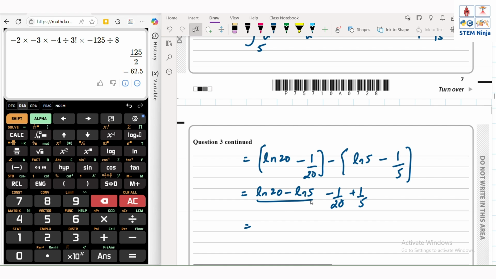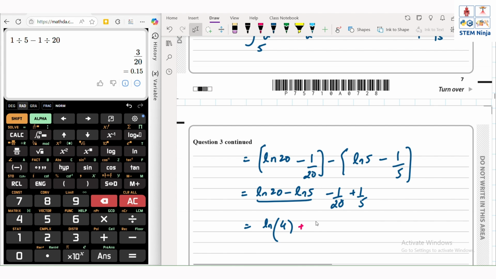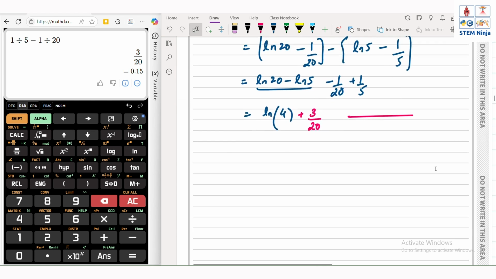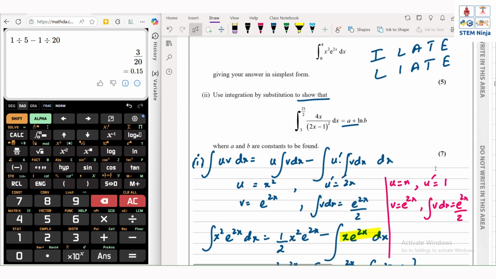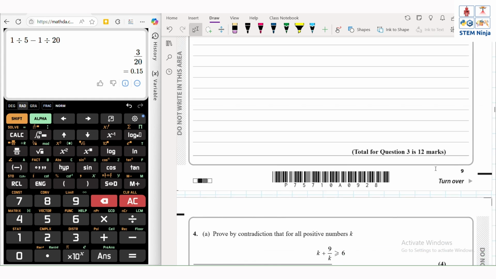So these two can become ln 20 divided by 5, that is just going to be 4. And so 1 divided by 5 minus 1 divided by 20, that is 3 over 20. That's it. That's your final answer. All right, that's the second part. All right, moving on.